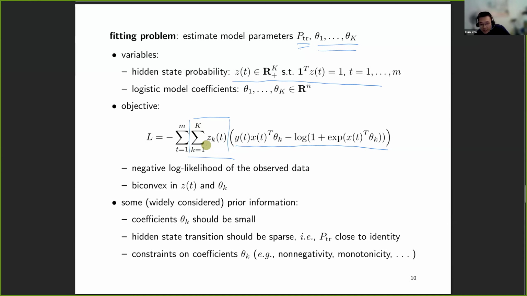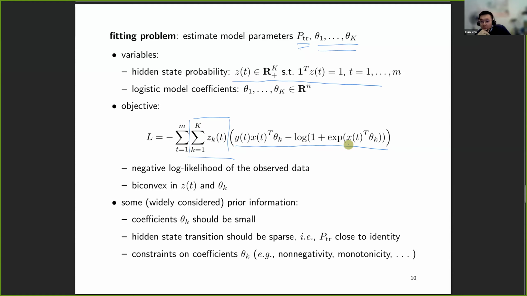And then this is biconvex in Z and theta. In particular, since this logistic regression log likelihood is concave, if you take the negative, then it's convex. If you fix Z, then this is just the ordinary logistic regression based on some fixed label.